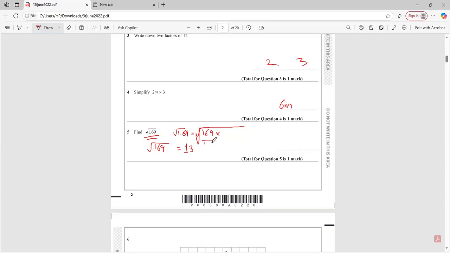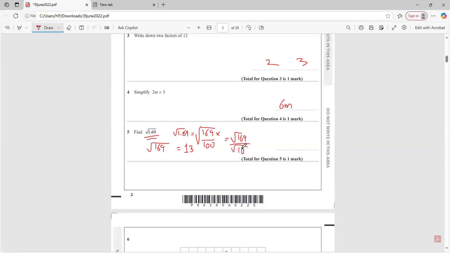Sorry, not times, divided by 100. Okay, so that would further be equal to the square root of 169 over the square root of 100.